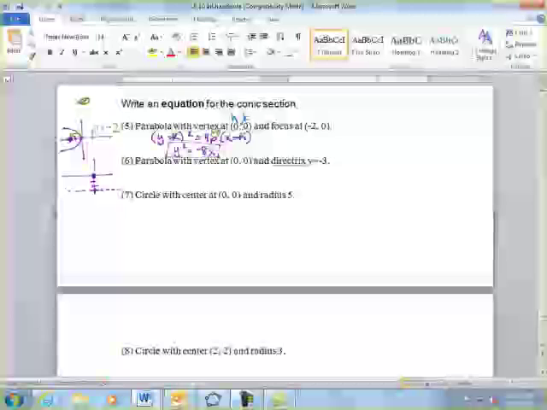A y equals line crosses the y-axis. Y equals -3 means that it always has a height of -3. So that line is a horizontal line, which means that our parabola must open up like this. So the parabola is vertical, but the line is horizontal.